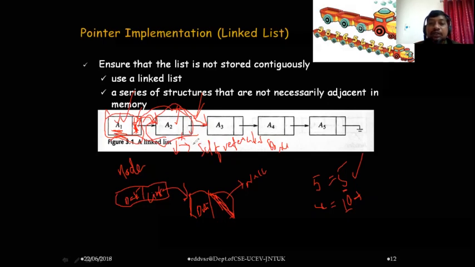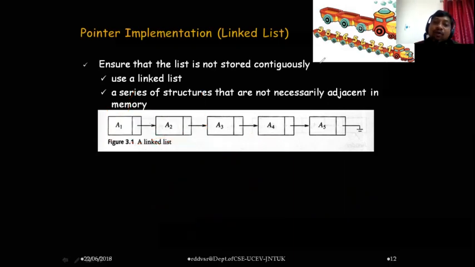All these structures are non-contiguous, they're not stored in contiguous memory locations. Only we are maintaining the links. Through links we are accessing the next elements. In this particular setup, if you want to access the linked list, you need to know the starting element.